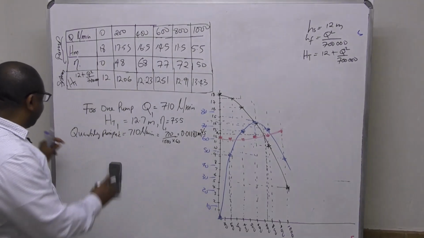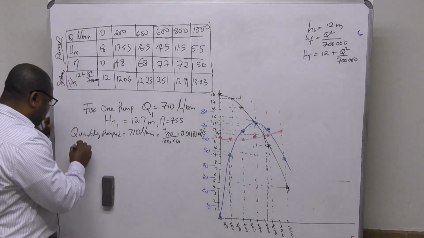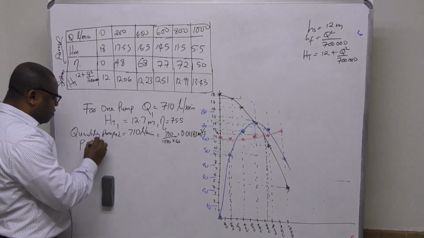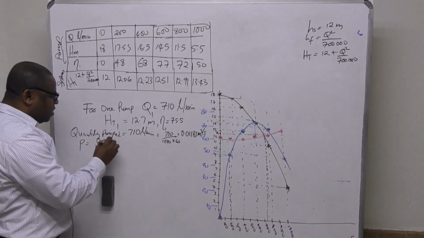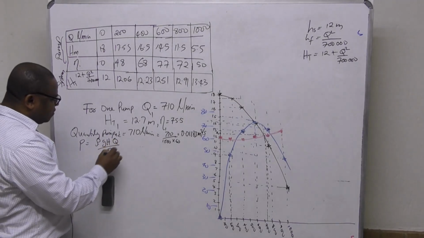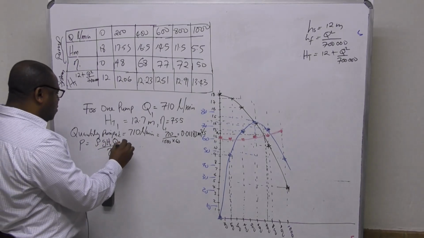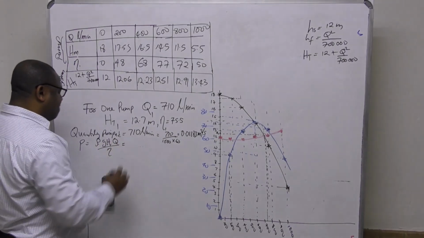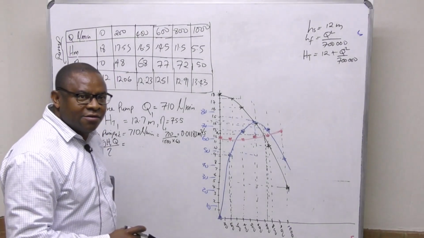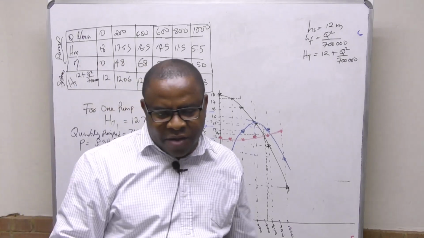Now, you can therefore calculate the power. The power is rho g H Q over efficiency. So we're looking at, just for one pump, rho is, I hope this is water, right? We're pumping water, a centrifugal pump.